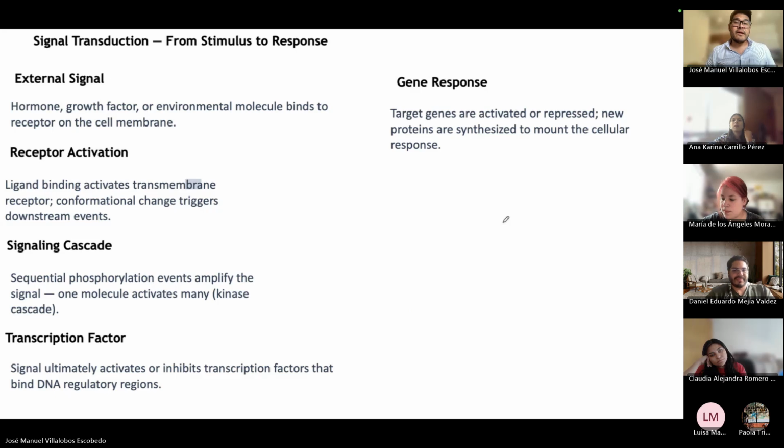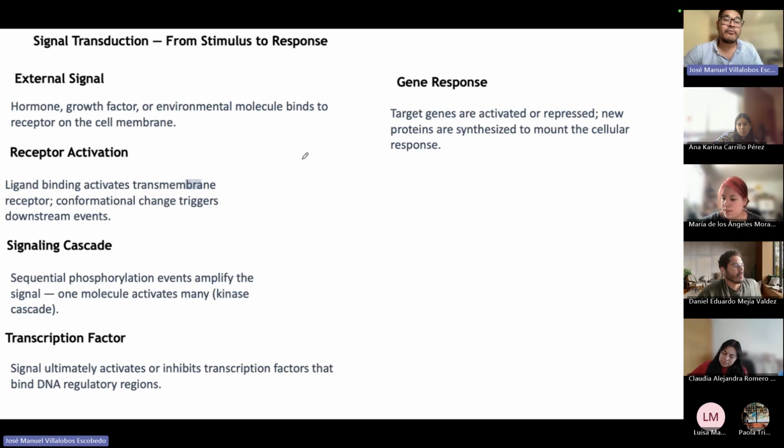So we will see the first part that is very important for us, which is to understand signal transduction and what networks we can create starting with this information, signal transduction in response to a stimulus. This kind of interaction starts with an external signal, sometimes an internal signal. We will see some examples about that.